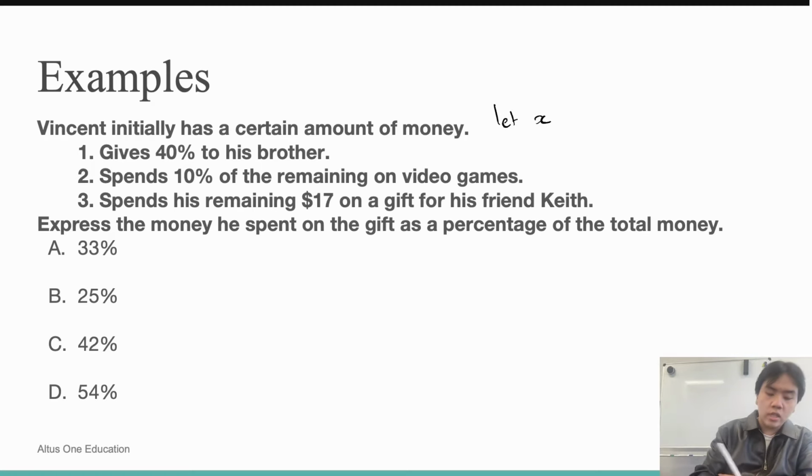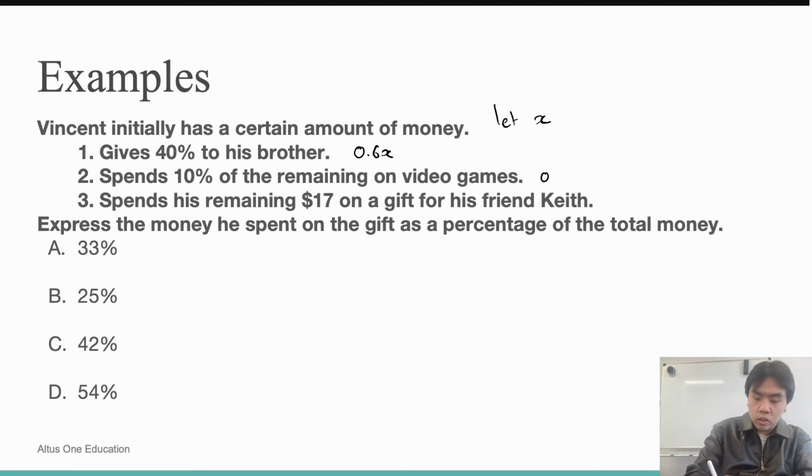If he gives 40% to his brother, he has 60% for himself. So, after he gives 40%, I'm going to say 0.6x is the amount of money that he has left, 60% of x. He then spends 10% of the remaining on video games. So if he spends 10% of that, he retains 90%.